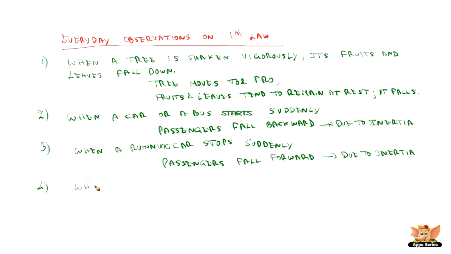When a car takes a sharp turn, what happens to the passengers? The car will be moving, takes a sharp turn, but it is still moving. Then the passengers fall sideways.